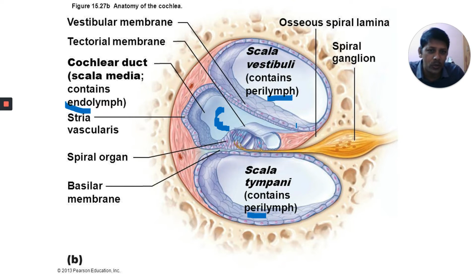This is scala vestibuli, scala tympani, and scala media, the cochlear duct. It is also called cochlear duct. Important one: scala media and endolymph. You can see the membranes here: vestibular membrane and tectorial membrane. Next one, the basilar membrane, on which the organ of Corti, the spiral organ of Corti, is present.